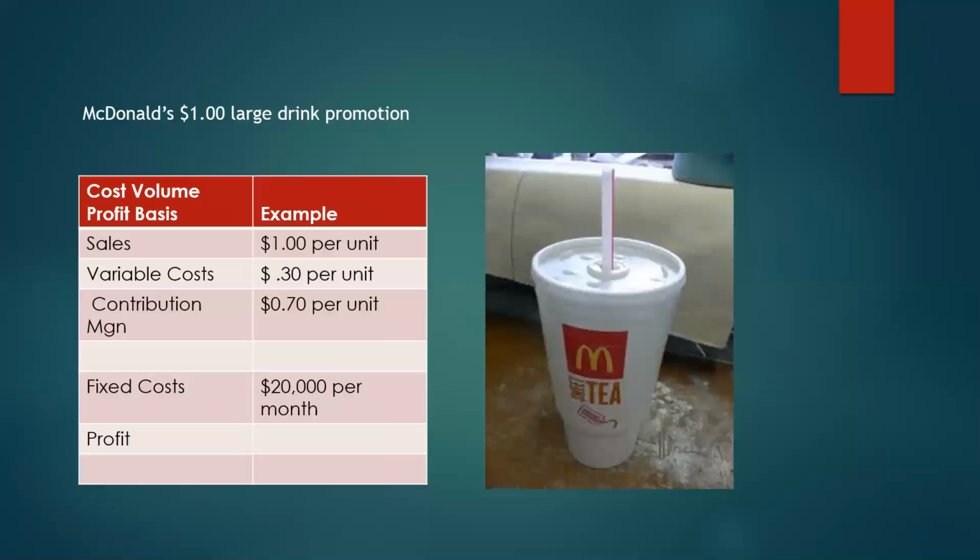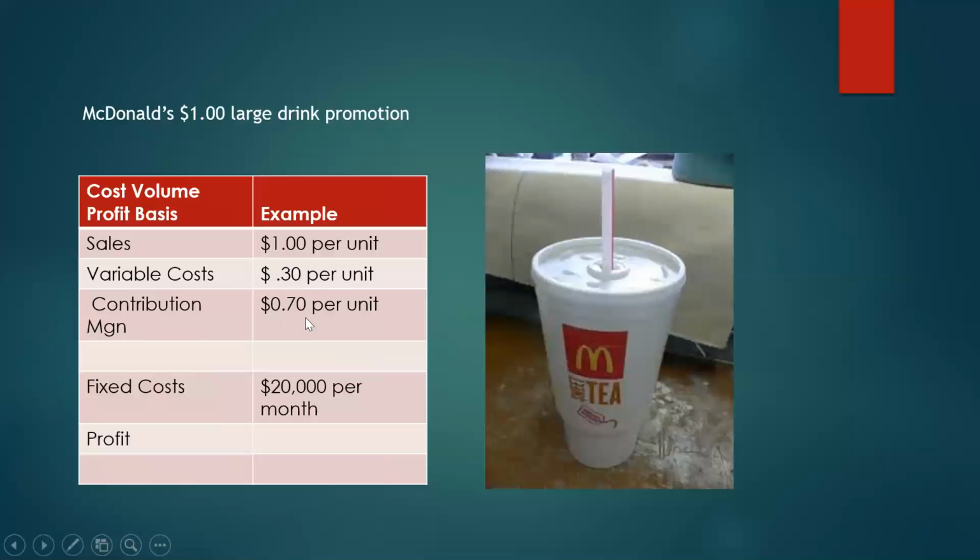Variable costs, I'm estimating at 30 cents a unit, and that includes the cost of the cup, the little plastic lid, the straw, the water. If it's a soft drink, the cost of the fountain mix, and if it's, in my case, iced tea, the cost of the tea, plus the 3 lemons I always ask them to put in. So those are my variable costs, and they average 30 cents per unit in this example.